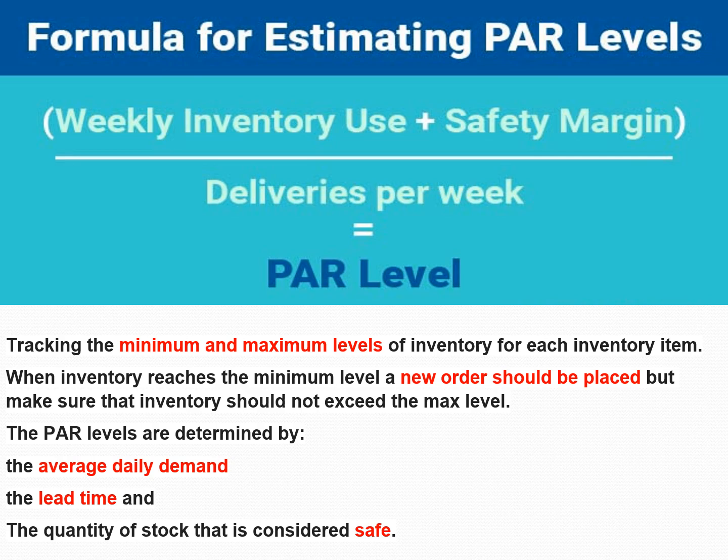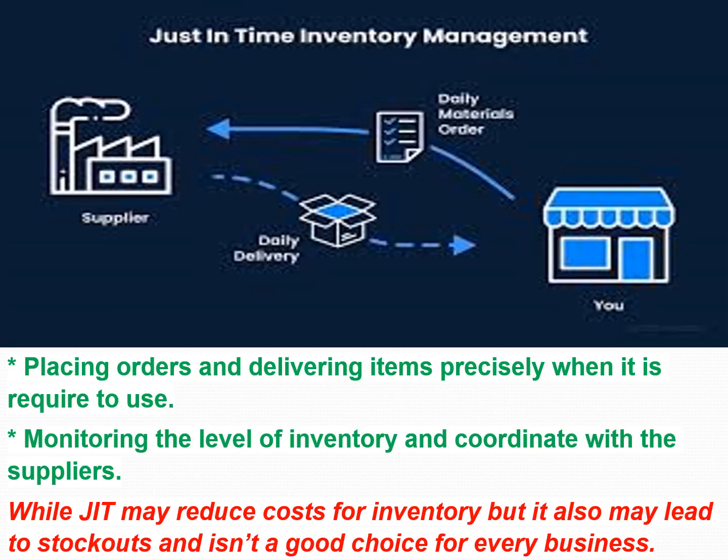The par level technique for inventory management will prevent overstocking and stockouts, and it is determined by the average daily demand for an item as well as the lead time and the quantity of stock that is considered to be safe, like safety stock.